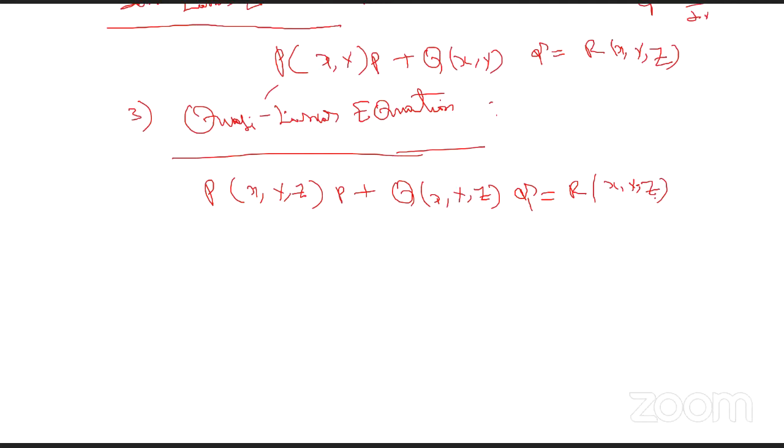Next, non-linear equation. A first order partial differential equation f(x, y, z, p, q) equal to 0, which does not come under the above three types, is known as a non-linear equation.